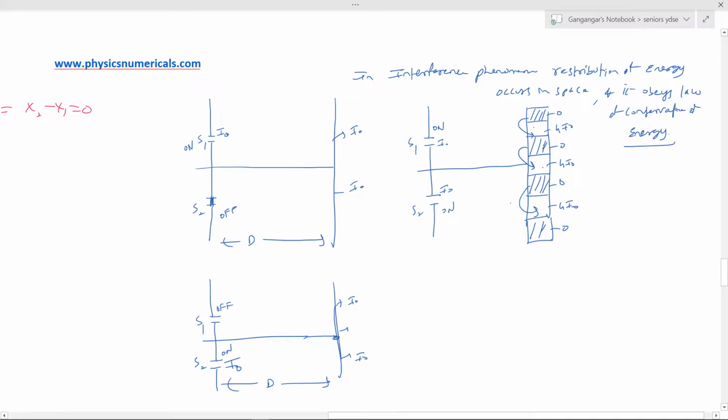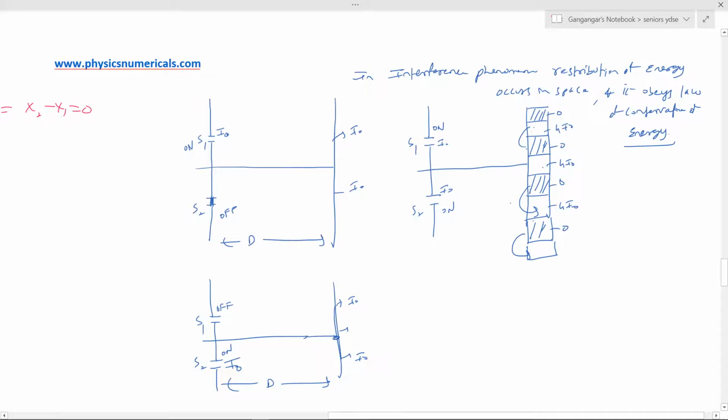Energy at the dark band is not destroyed. The energy at the dark band is taken and given to the bright band. Getting this one? Similarly, the energy of the dark band is given to the bright band. In this way, redistribution of energy takes place in the space surrounding the coherent point sources.